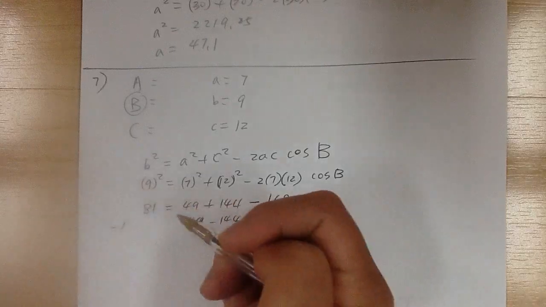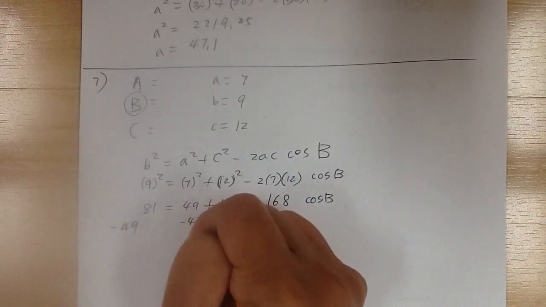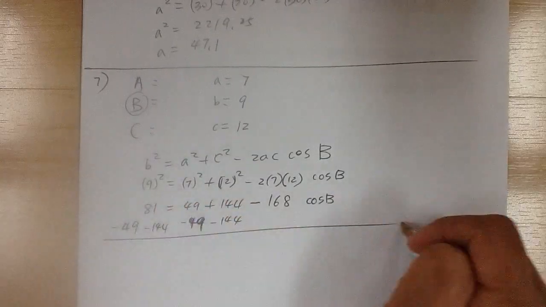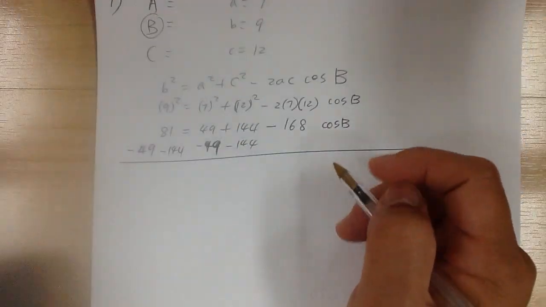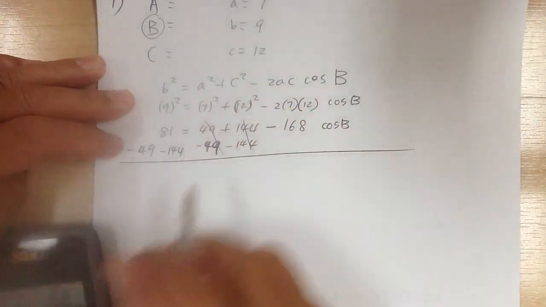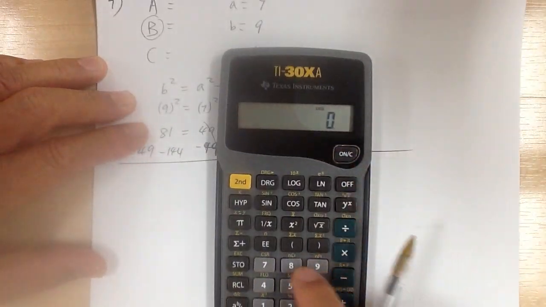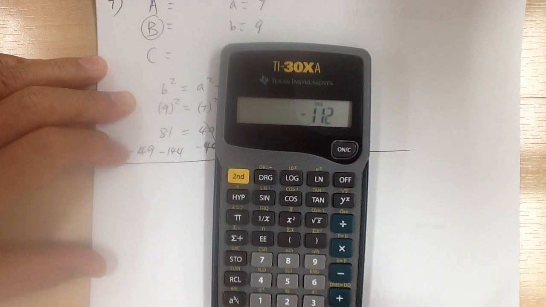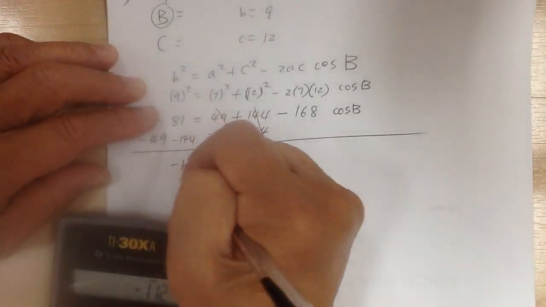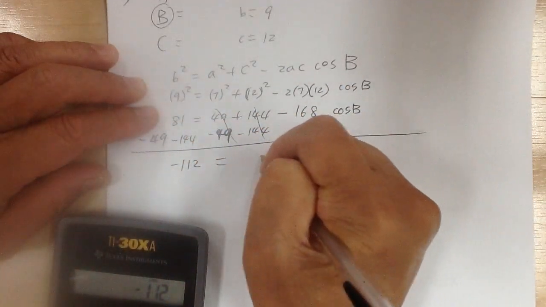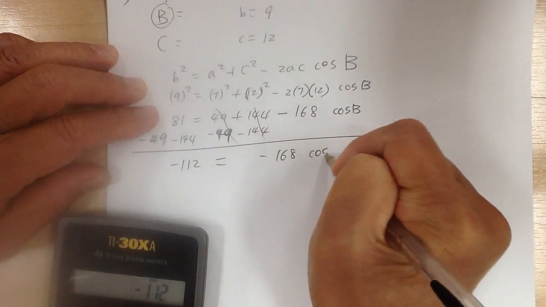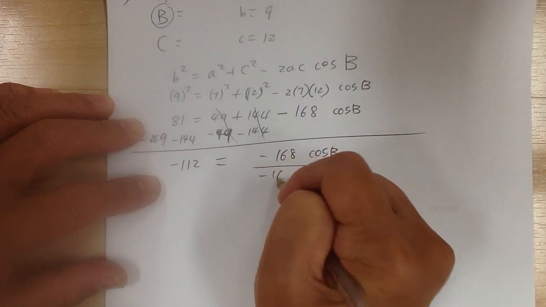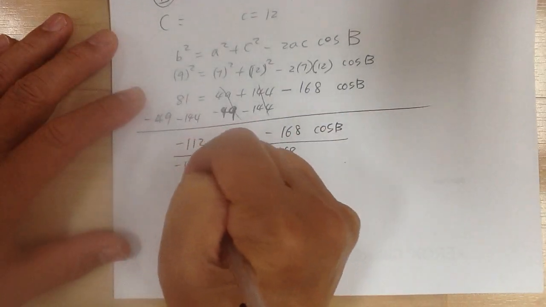So you get 81 minus 49 minus 144, which is negative 112, equals negative 168 cosine of B. Then you divide by negative 168.